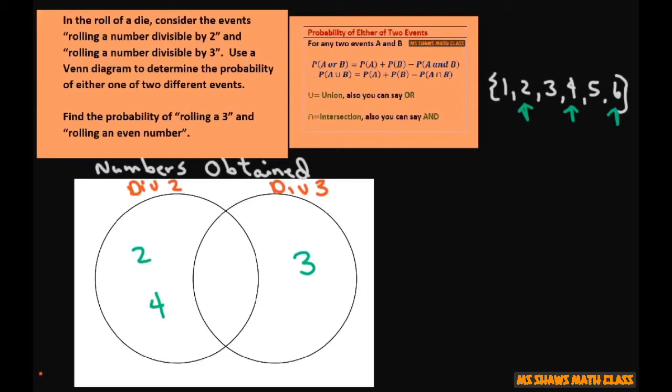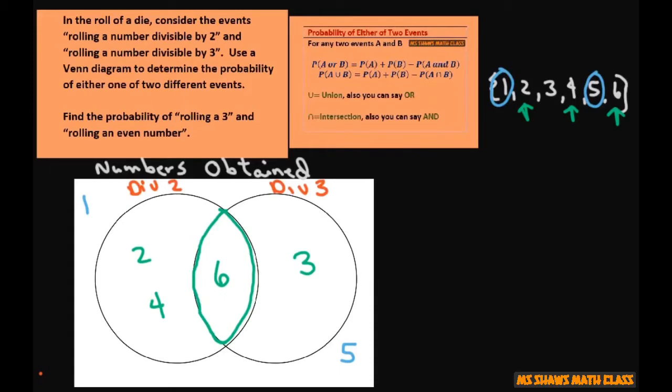So 6 is also divisible by 2, so that's going to go in the middle because it's both divisible by 2 and 3. And then we have 1 and 5 that are outside the set. So I'll just put them outside because they don't deal with this.